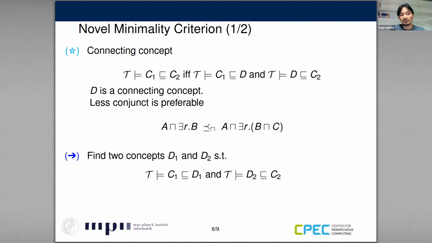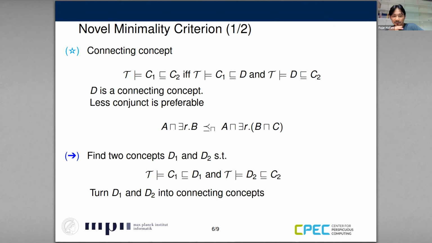So we simply find the concepts D1 and D2 such that the following holds, and then we turn D1 and D2 into connecting concepts. However, due to the problem definition, there is a restriction which restricts us from using arbitrary D1 and D2 and making them connecting concepts.